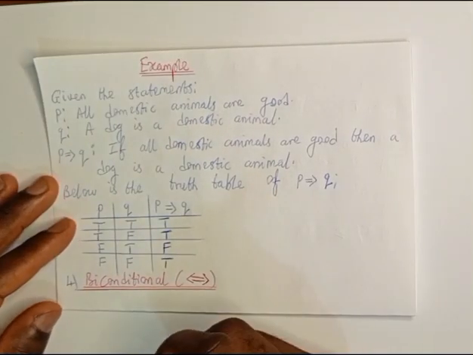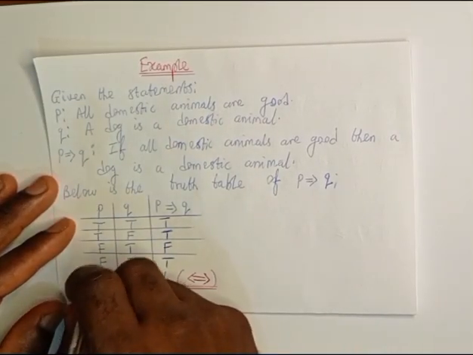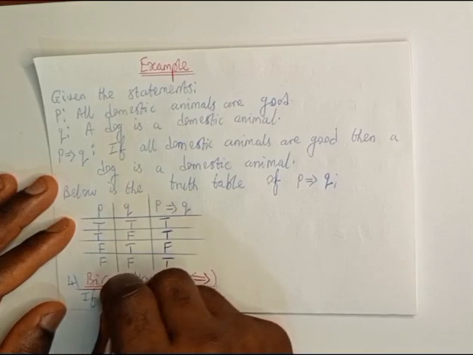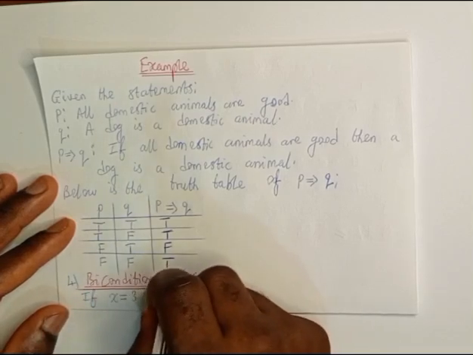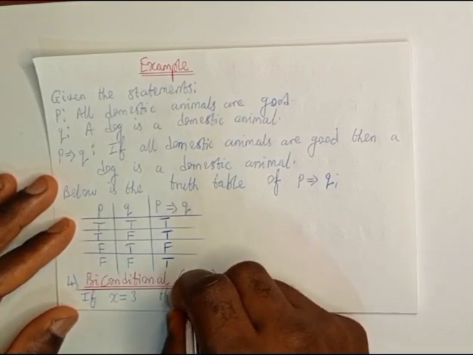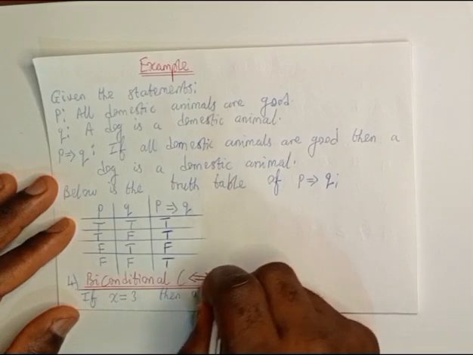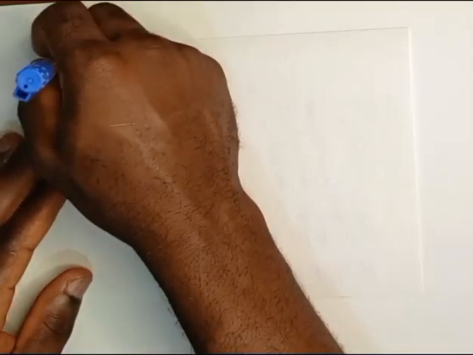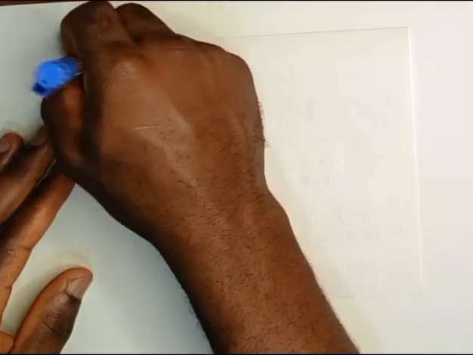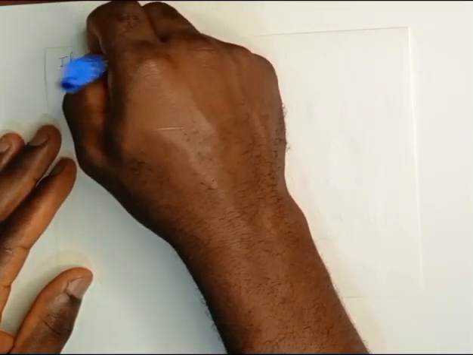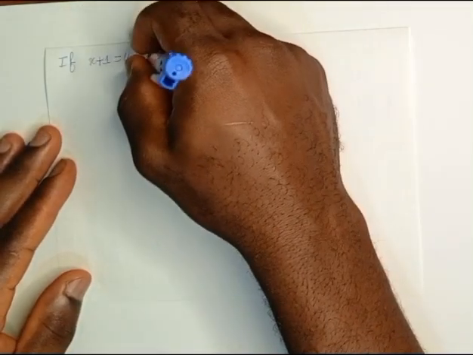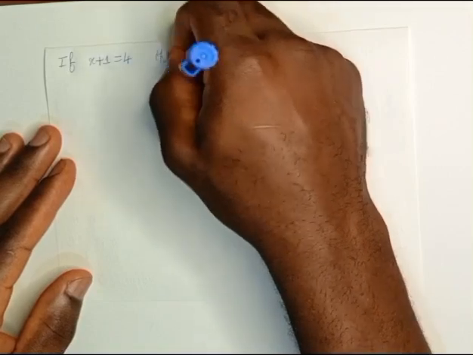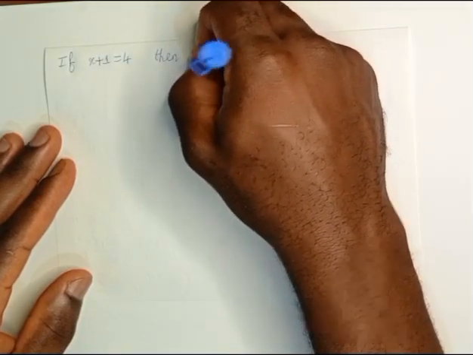We are going to start by writing this down. If x is equal to 3, then x plus 1 is equal to 4. If x plus 1 is equal to 4, then x is equal to 3.